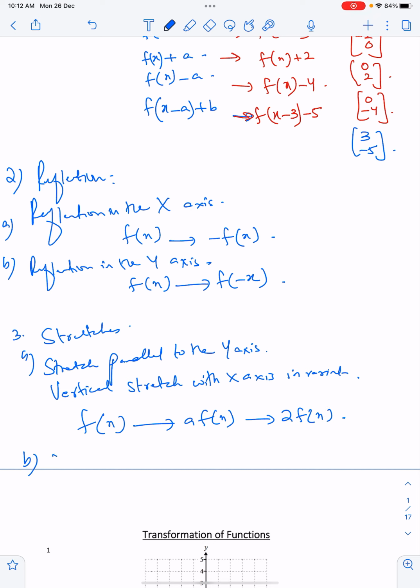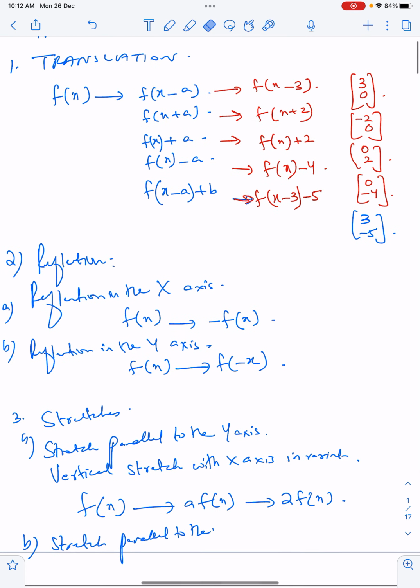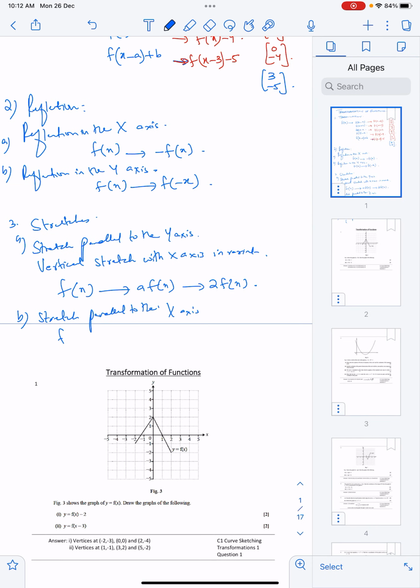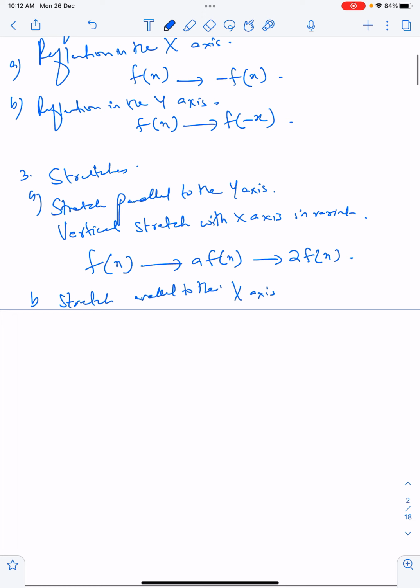And the second thing is stretch parallel to the x axis. If f of x is the equation, you can also call it horizontal stretch with y axis invariant.